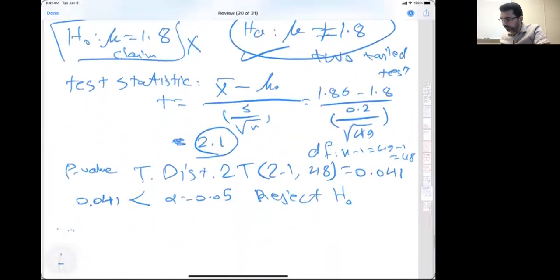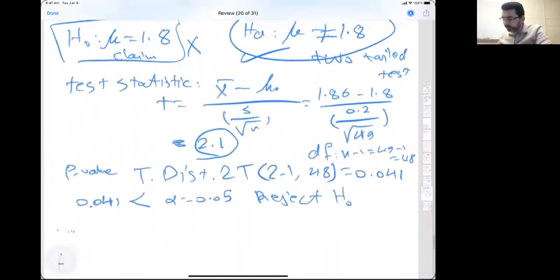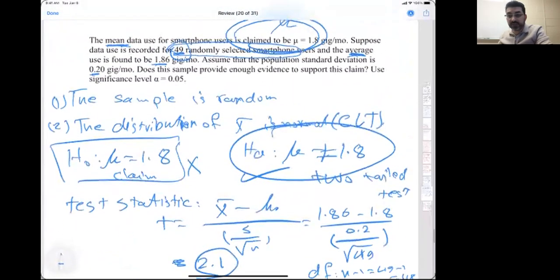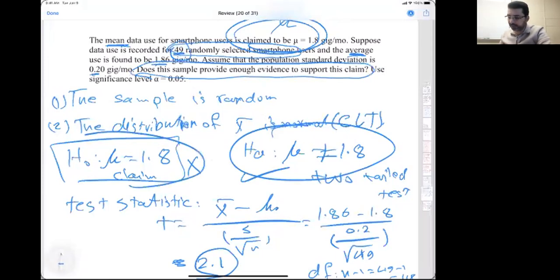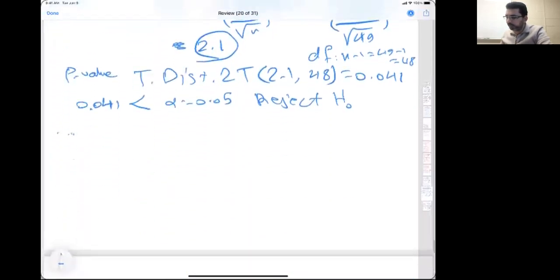Okay, so we rejected the null hypothesis and accepted the alternative, which means the mean data used for a smartphone is not equal to 1.8 gigabytes per month, maybe less, maybe more. So does this sample provide enough evidence to support this claim? We will say, of course, no, in this case, because we rejected the claim. So this data doesn't support the claim.